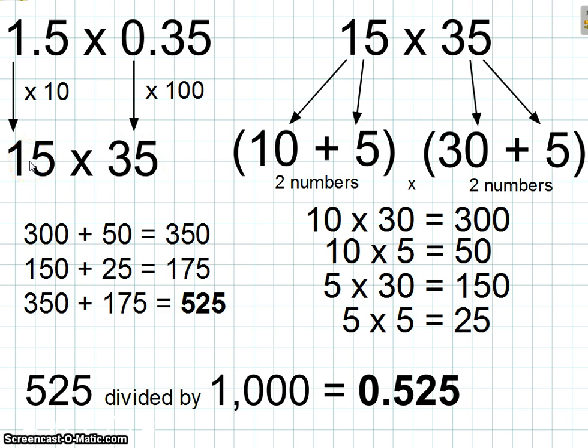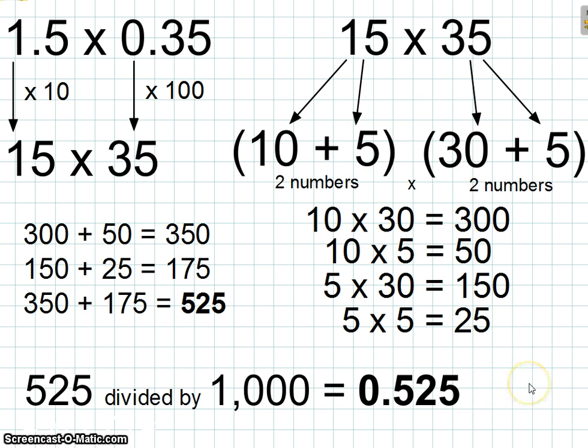Then we could find the product of that multiplication number sentence, and then look at how many times we changed the multiplier and the multiplicand when we rewrote the question, and then we just need to divide by that amount. Then we should be able to reach the answer that we want.